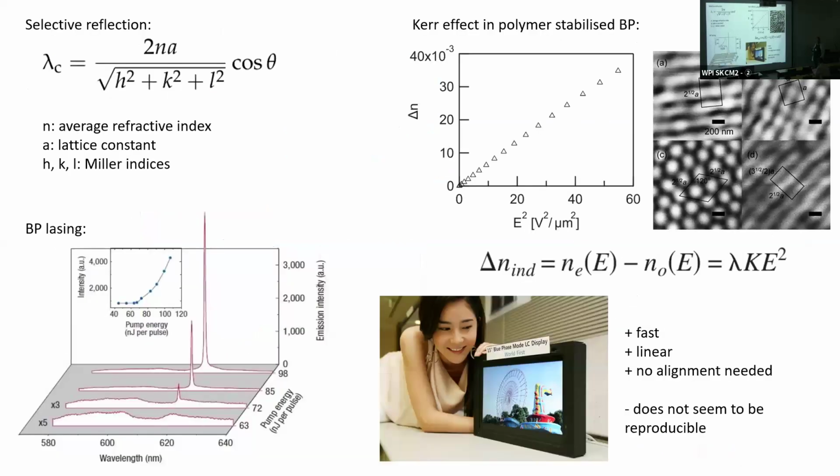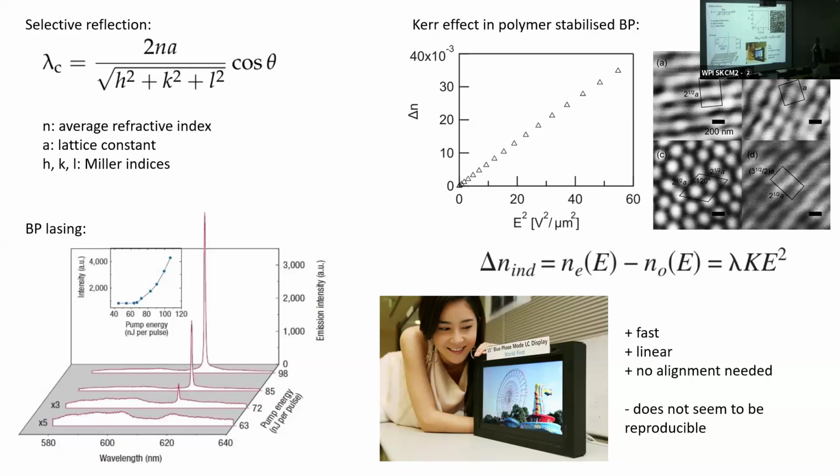And again, this blue phase, because you have chirality and a helical superstructure in these double twist cylinders, there is selective reflection again, which is related to the average refractive index, the lattice constant, and the Miller index. And again, you can also use this for lasing.